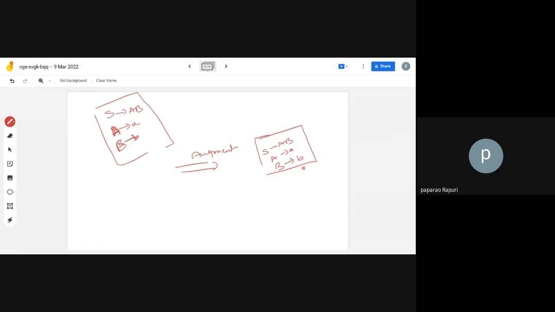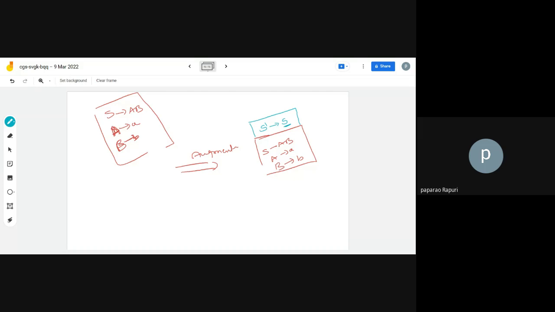For this, we need to add one more new production. The production is like S' derives S. Here this S is the start symbol. We are adding a new production for the given grammar. That is nothing but augmented grammar.